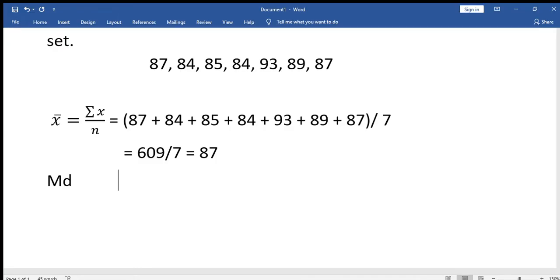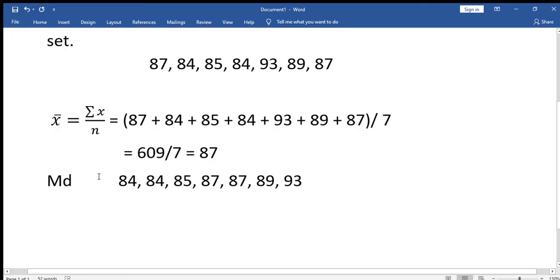So we have 84, we have another 84, then we have another score which is 85, then the next would be 87, then we have 87, then we have 89, and finally we have 93.